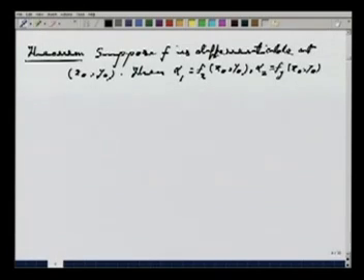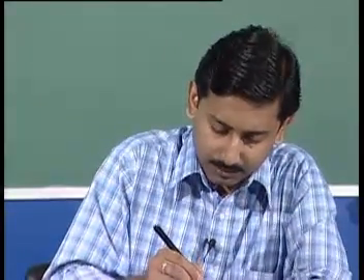That is, if the function is differentiable, then the derivative is given by a vector, a tuple of two numbers. The first number is the partial derivative of f with respect to x at the point x naught y naught, and the second is the partial derivative of f with respect to y at the point x naught y naught. So let us come to the proof of this.